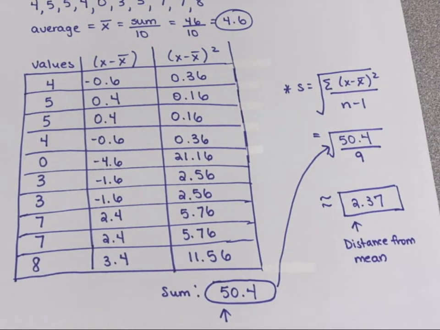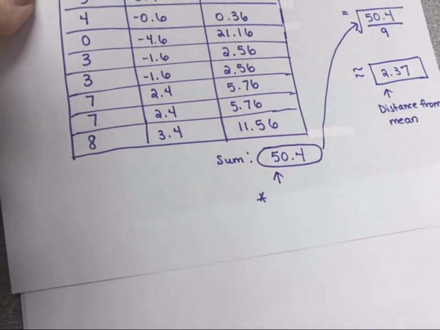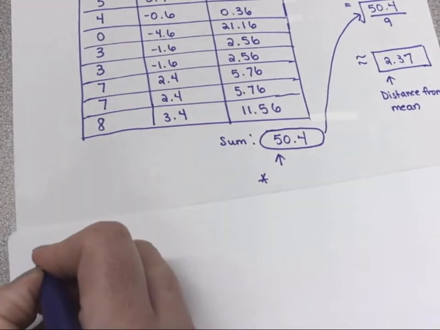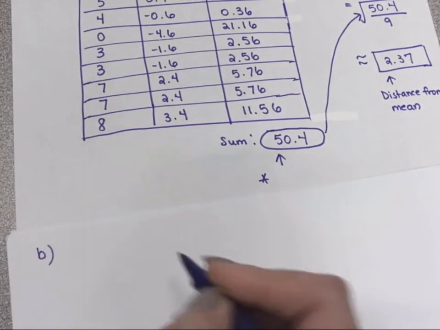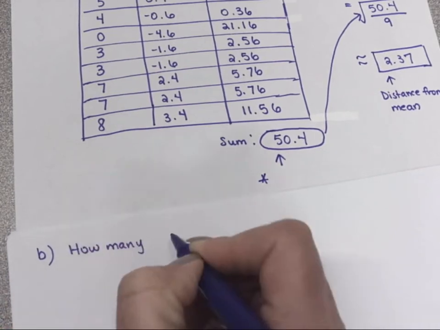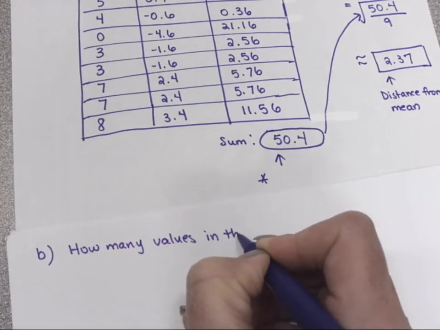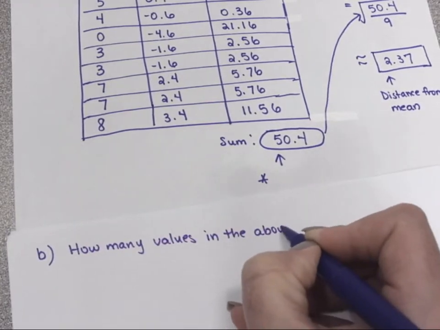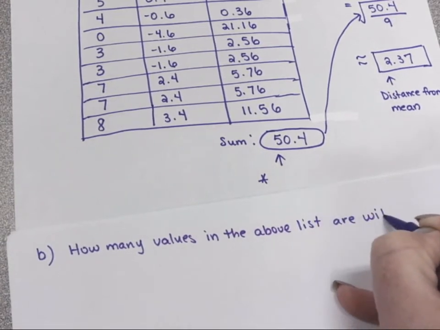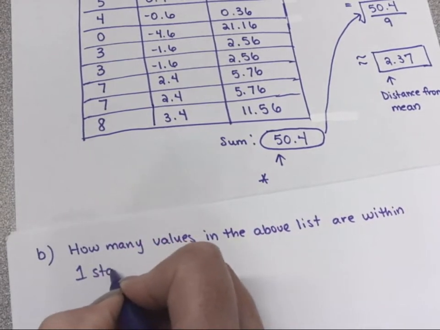We're going to use standard deviation for some other things a little bit later today. But going off of this problem that I had you finish from last class, I want you to tell me how many values in the above list are within 1 standard deviation from the mean.